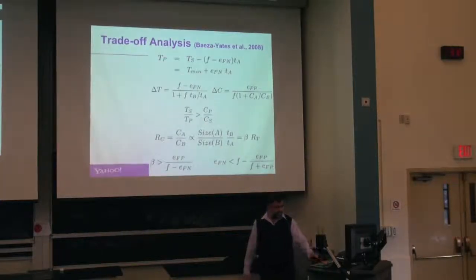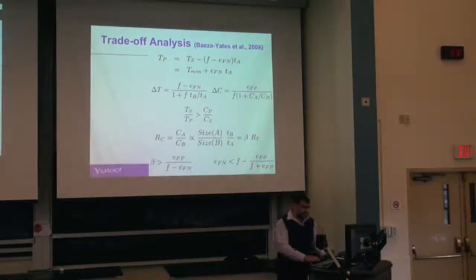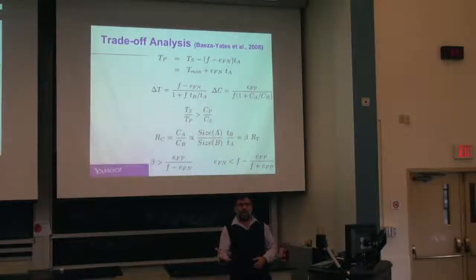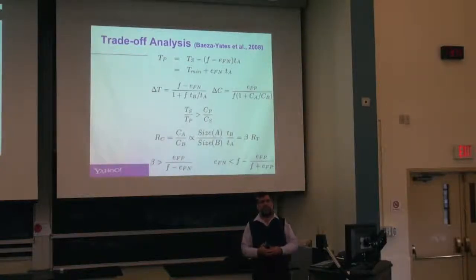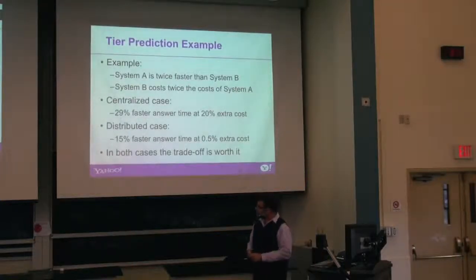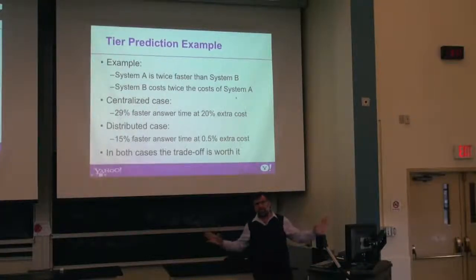You can do analysis. I will not go into the analysis, but basically you assume that the cost of running the query is proportional to the size of the index, and then you get some conditions that must be fulfilled, so the extra cost you pay is worth the savings on time in the architecture. And just to give you two examples, in the centralized case, let's assume that system A is twice as fast as system B, but system B costs twice the cost of system A because it's much larger, it's a larger index.